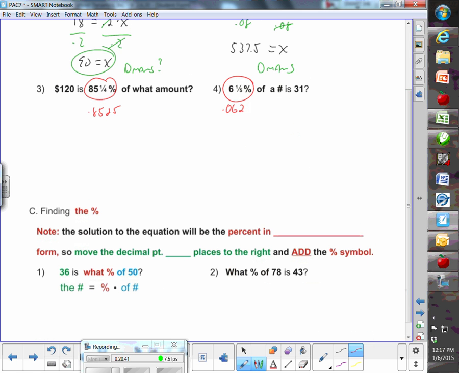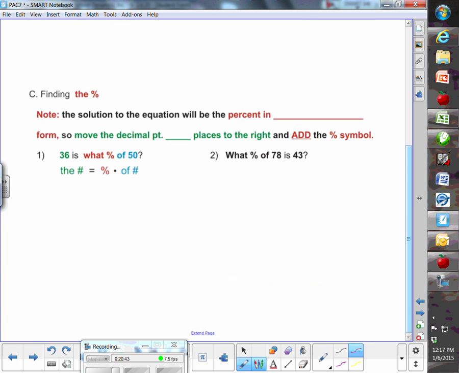Let's get on to the third kind, because there's a couple tricks here in finding the percent. Note, the solution to the equation will be the percent in what form? Say it if you know it. Decimal form. Because remember, in any formula, the percent's in decimal form. So move the decimal point how many places?